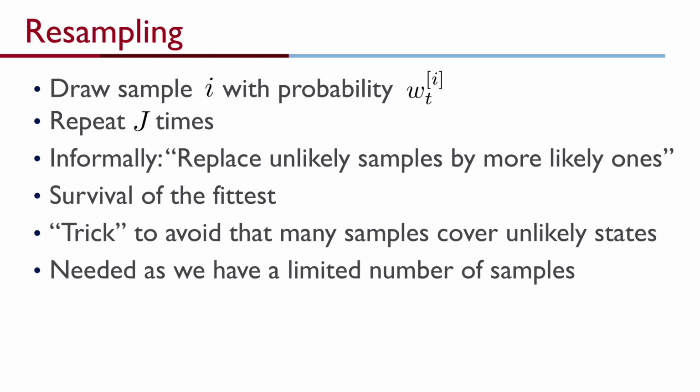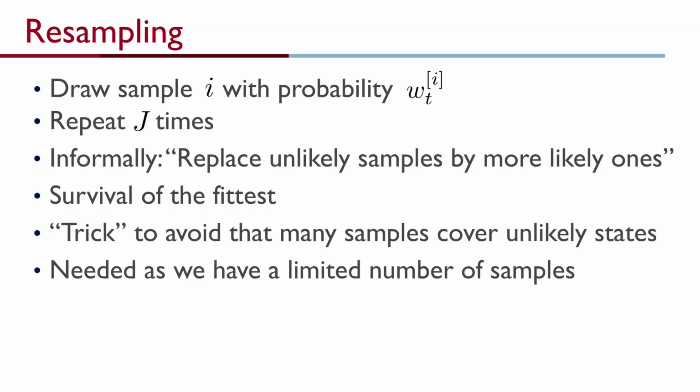Sometimes, due to noise or temporary errors, a few particles drift into regions that essentially have zero probability. If we had an infinite number of particles, this wouldn't matter, because enough particles would still remain in the high likelihood region. But in reality, we can only keep a few thousand particles at best. So we need a mechanism to let the bad particles die out and replicate the good particles that match the observations well.